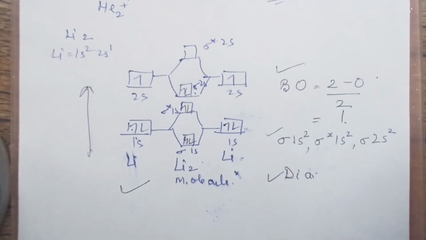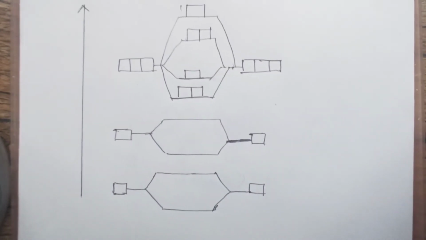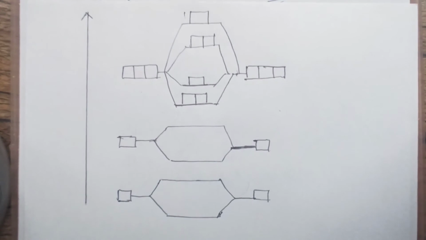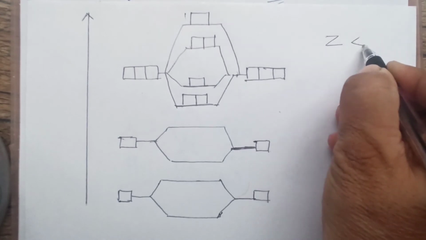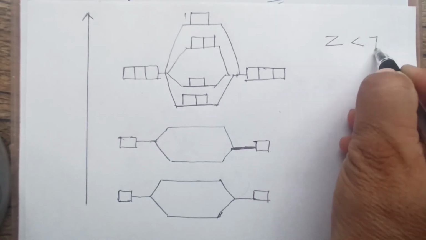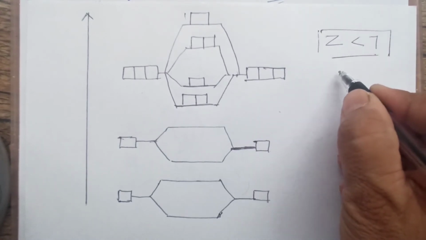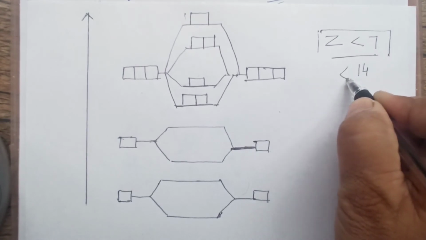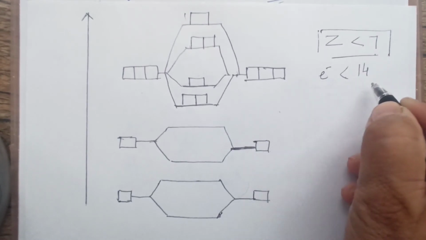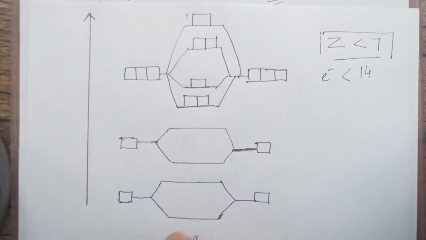Now we will talk about the next one. I will explain for the nitrogen molecule, because this is required till atomic number less than 7, or you can say the number of electrons less than 14. If the electrons are less than 14, then you will be using this particular diagram. So what does this say?